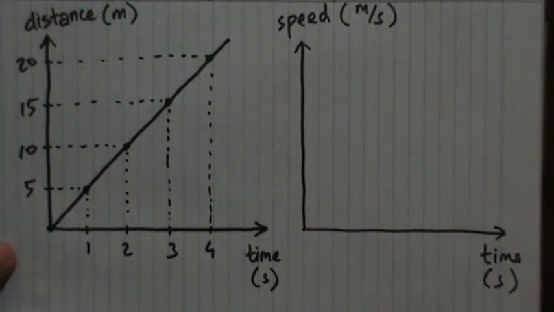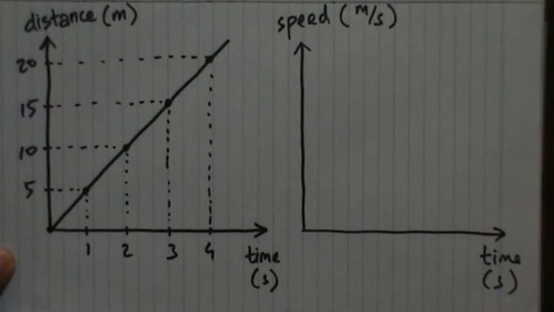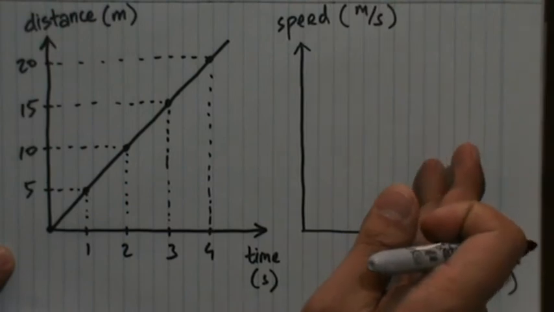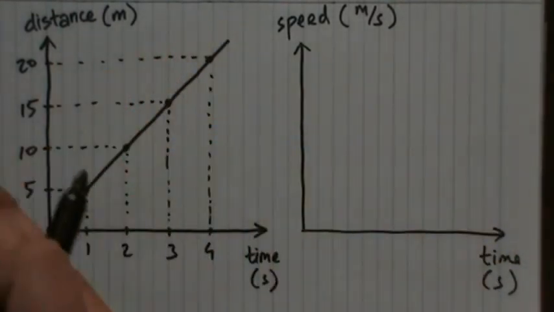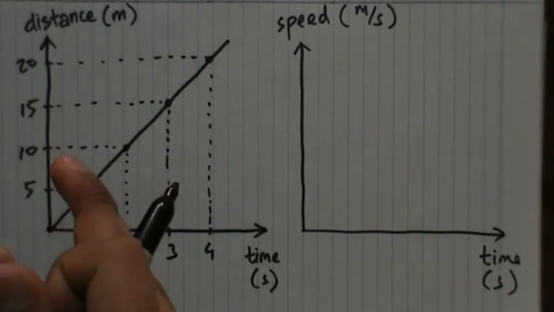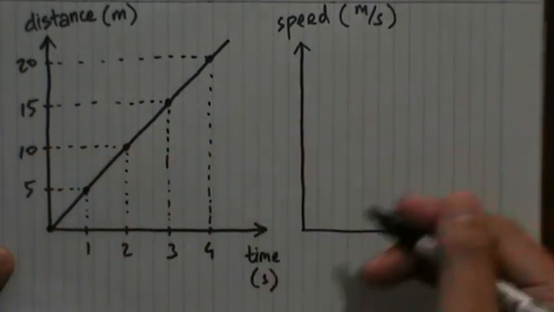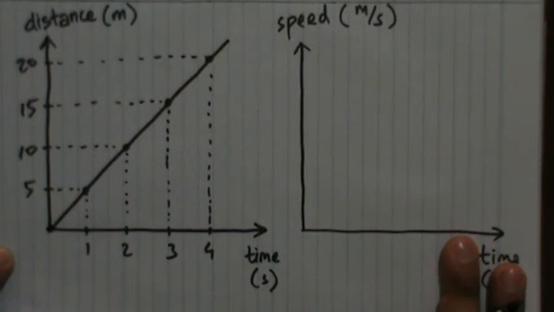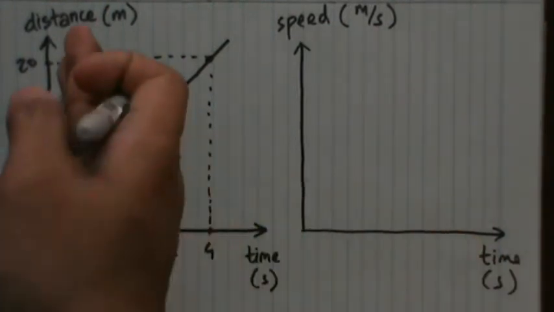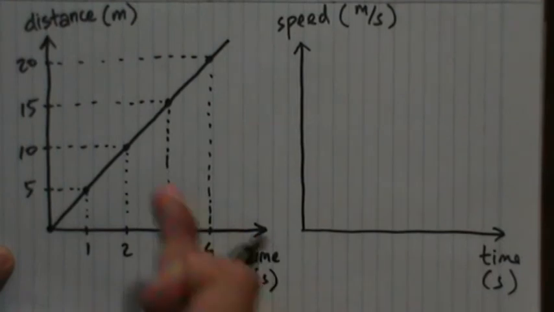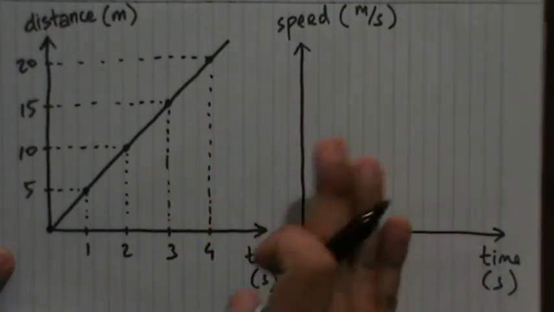Now the last thing that I would like to discuss is the relation between the distance versus time graph and the speed versus time graph. As you saw before, from the speed versus time graph, you can get the distance traveled by the object by calculating the area under the speed graph. Now if we have a distance versus time graph, we can also find the value of the speed.